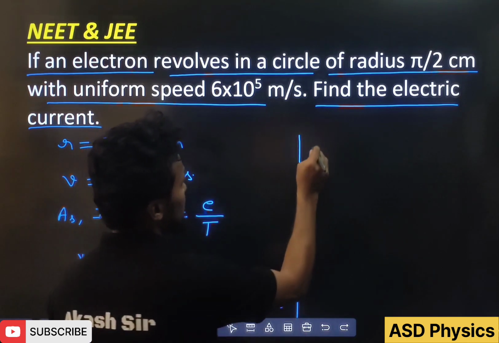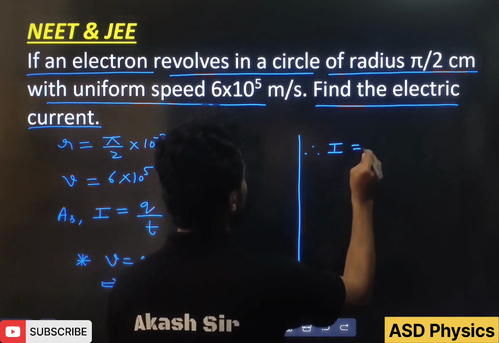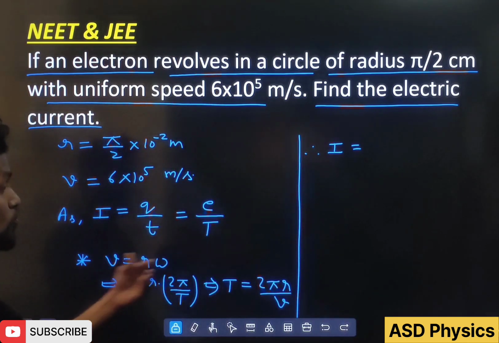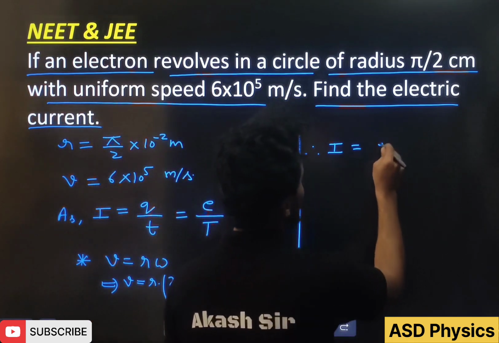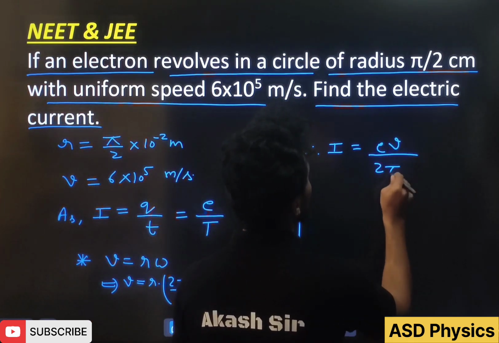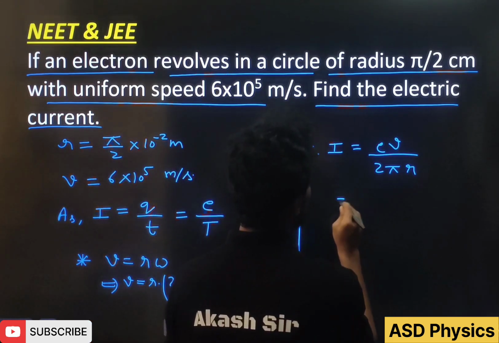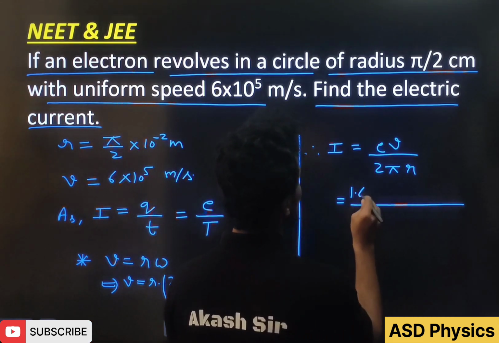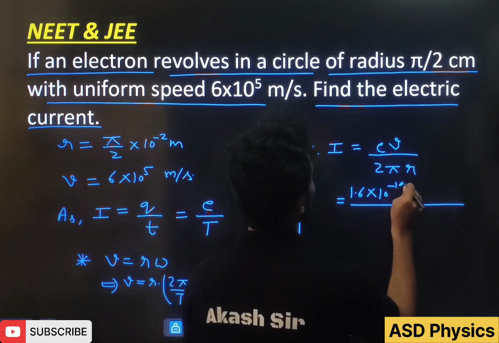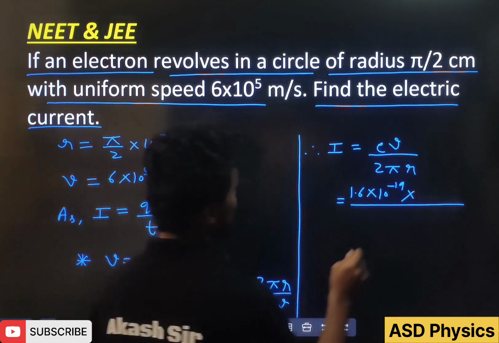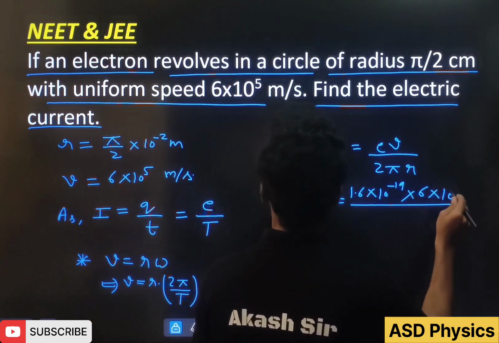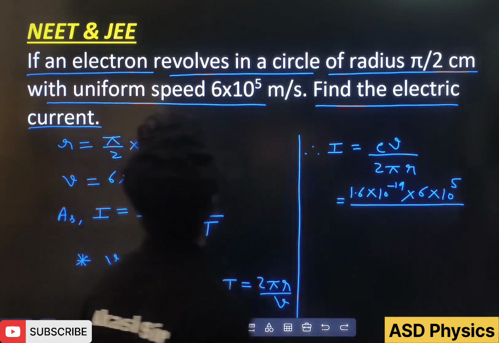So here students, if I write here the formula, orbital current formula, just put the value of T, how much here? 2 pi R by V. So kindly put here, it will become here EV by 2 pi R. Because I always do with the basics. So students, just simplify this. Electronic charge 1.6 into 10 to the power minus 19. Speed, how much given here? 6 into 10 to the power 5.